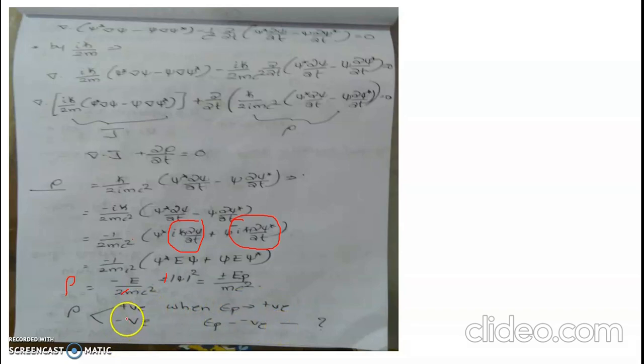It is very easy to go with a positive position probability density because we actually require a positive definite position probability density. But it is very difficult to go with a negative position probability density because it is a measure of the probability for finding the system, and the probability can never be negative.